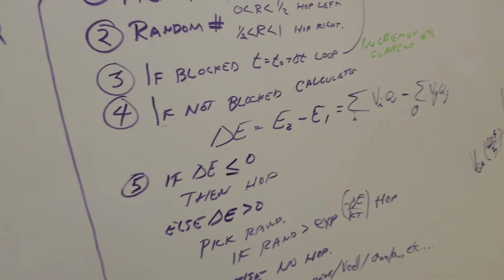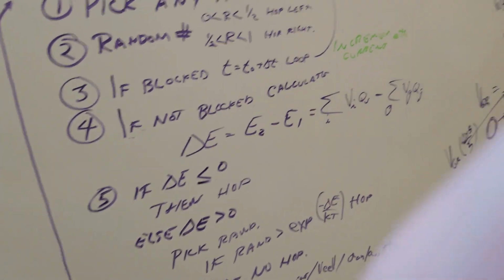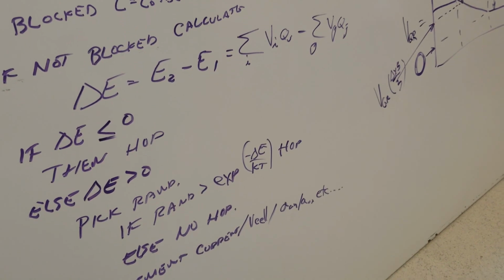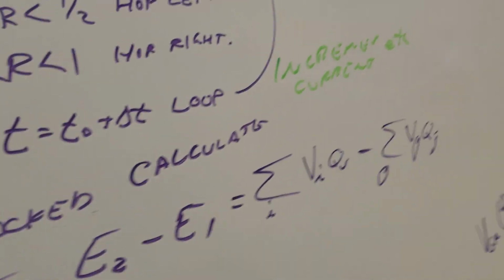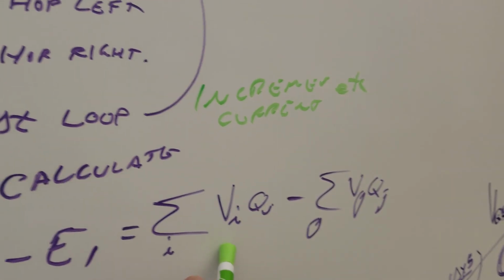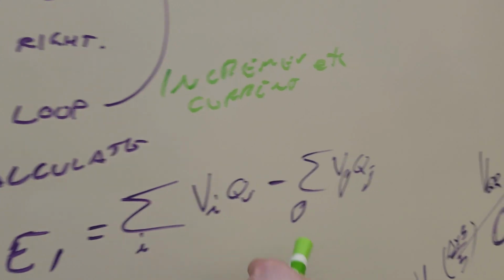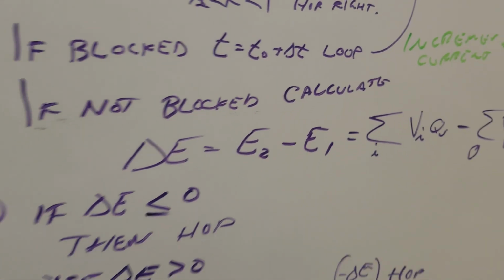Now, if it's not blocked, then we look at what the change in the energy is as a function of the two configurations, right? And that is simply the sum of the potential times the charge at a site over all charges, minus that for system 1.